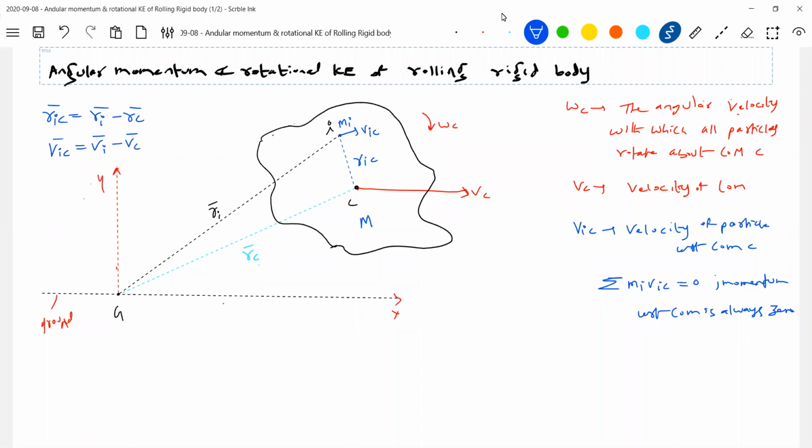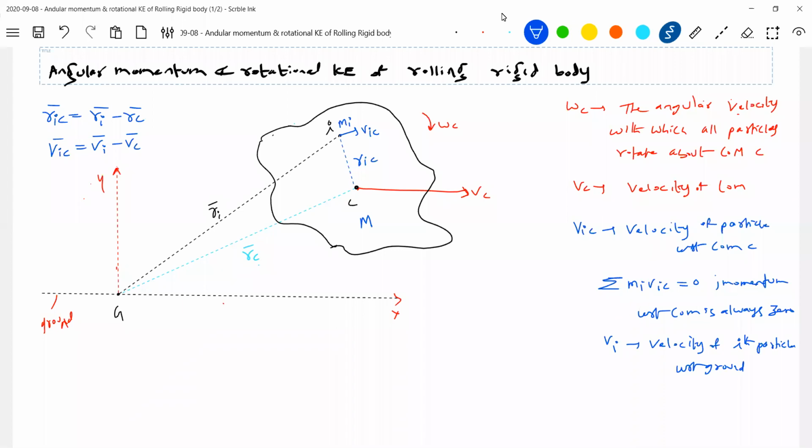Let's define the angular momentum of this particle with respect to ground. And what is VI? Velocity of the ith particle. This is very important.